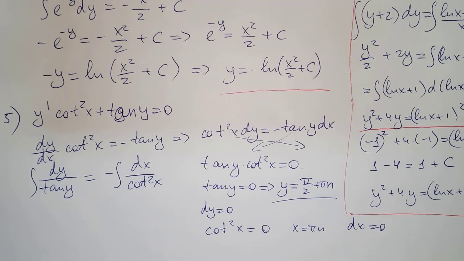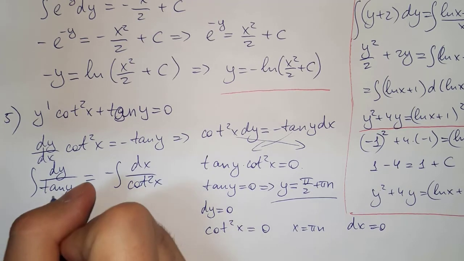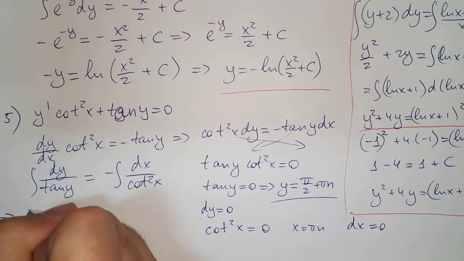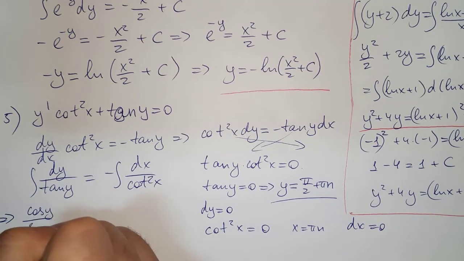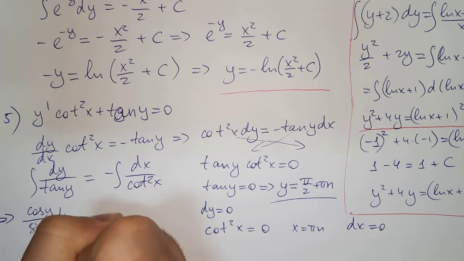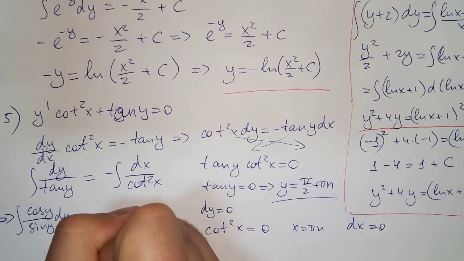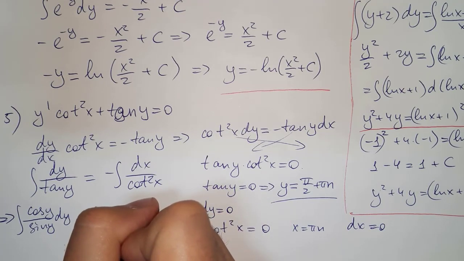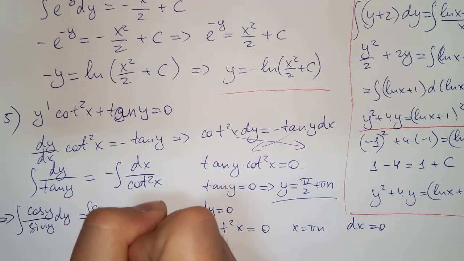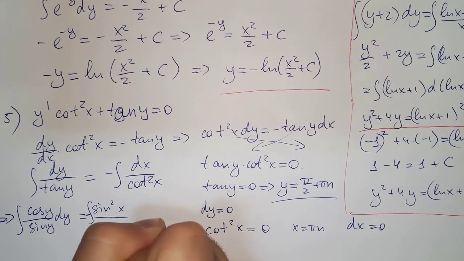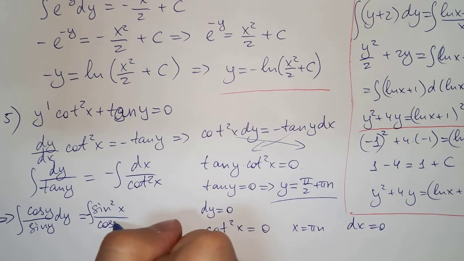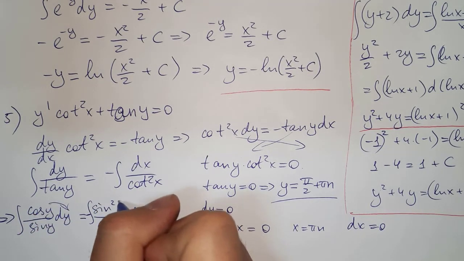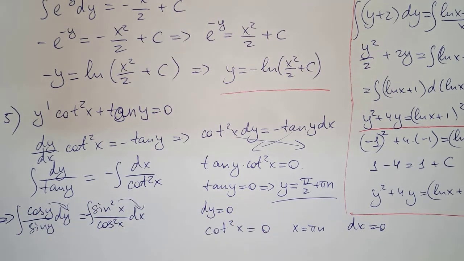If we move to sine and cosine, it will be cosine y over sine y dy, and minus, of course, sine square x over cosine square x dx. Cosine y to the differential and sine square x also to the differential.